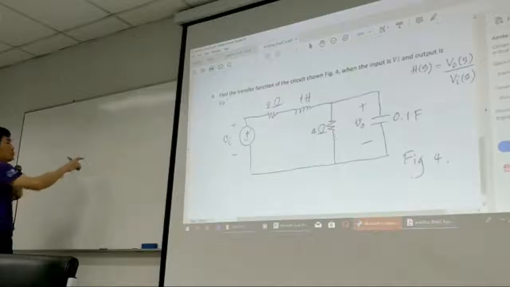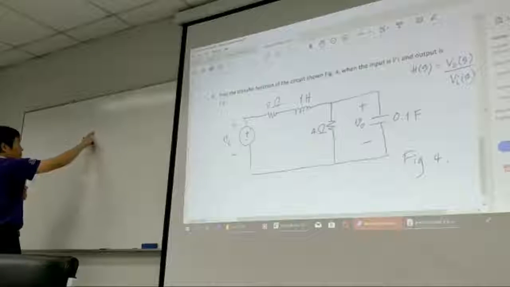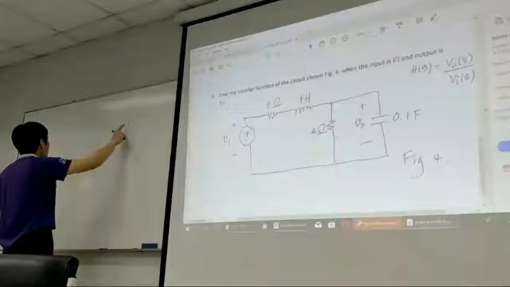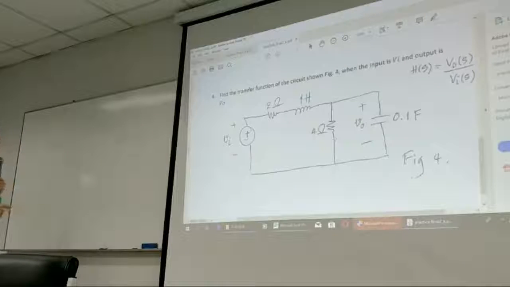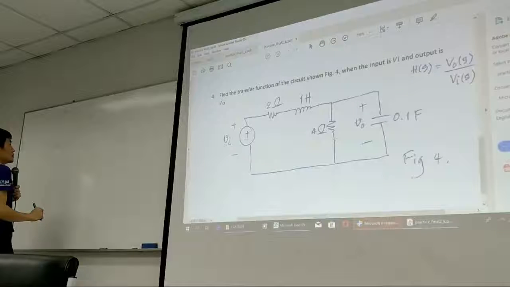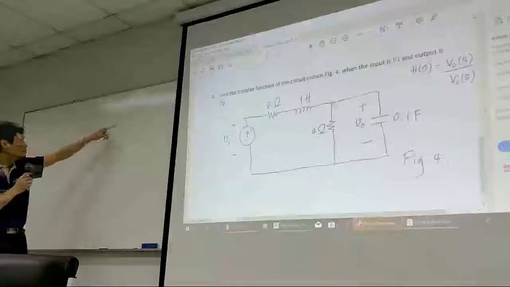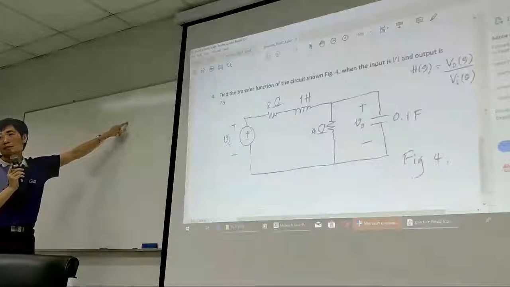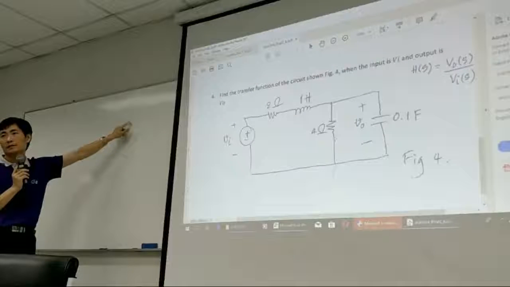If we write loop equations, we're going to have one loop, two loops. If we write a node, we can write one equation here and this one.